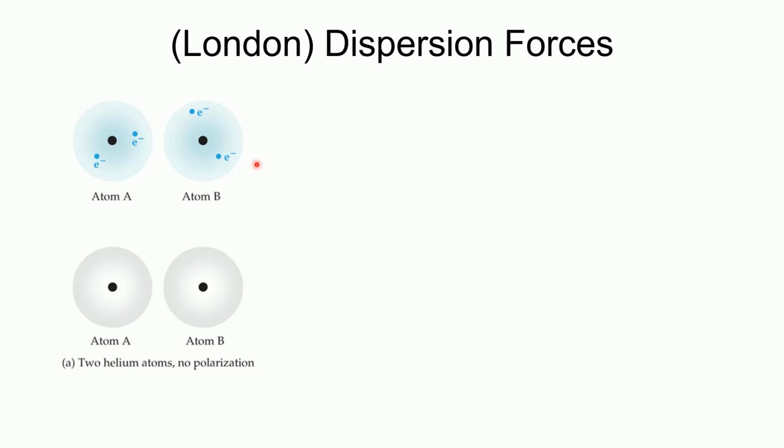If we look at it under its normal conditions, here we've got two helium atoms, and the electrons around the helium atoms are evenly distributed. So we don't have any polarization of that atom.